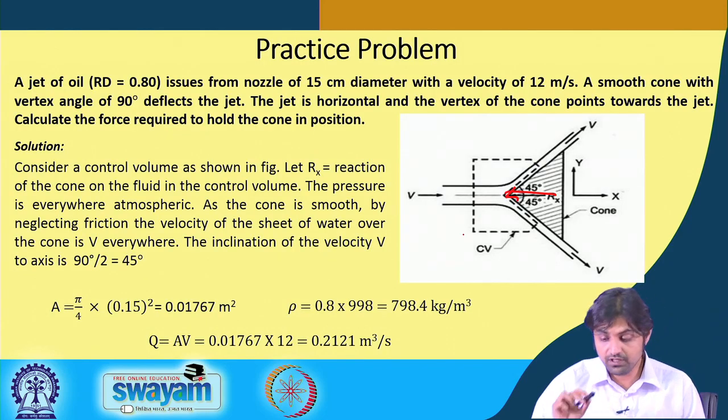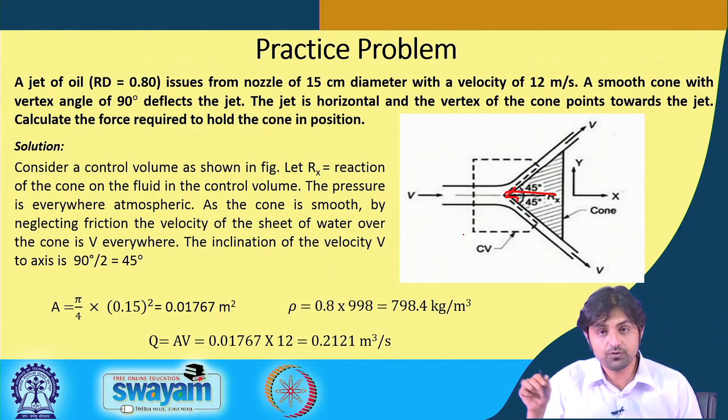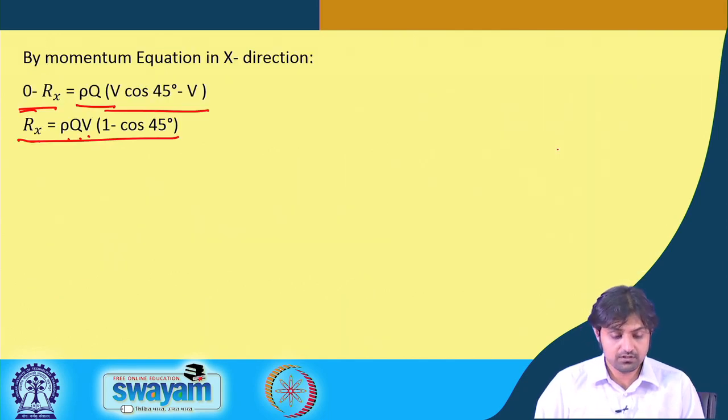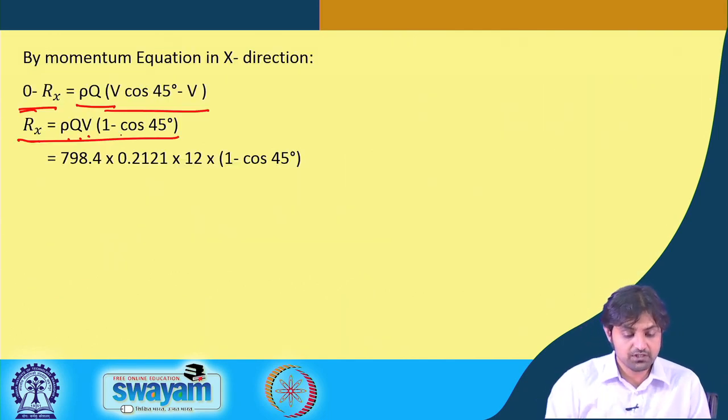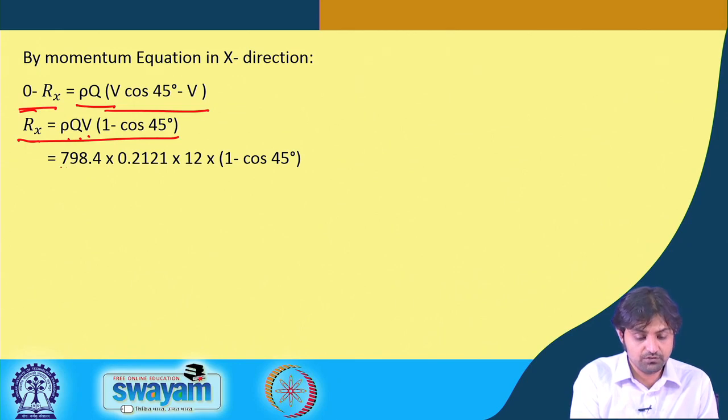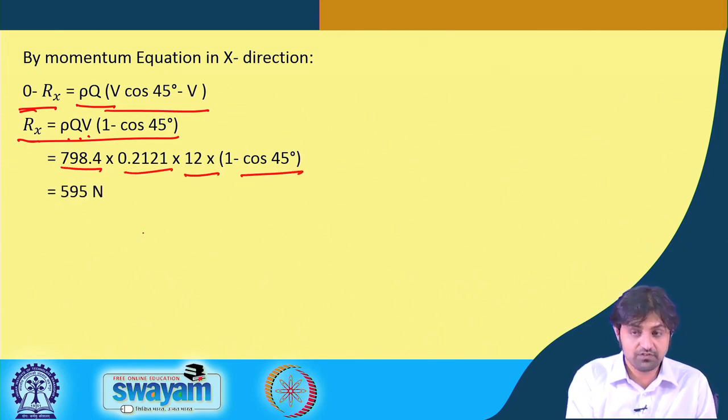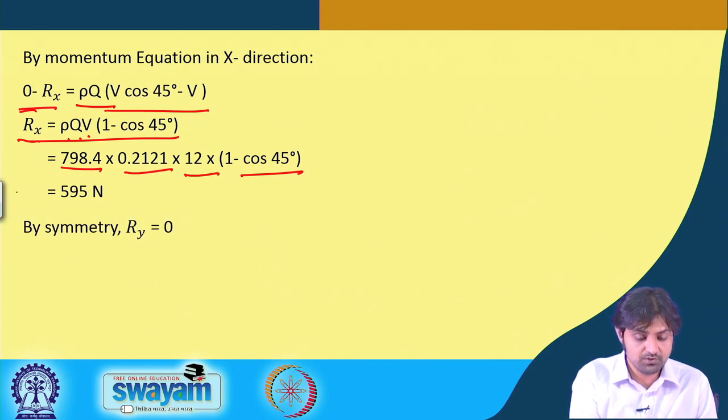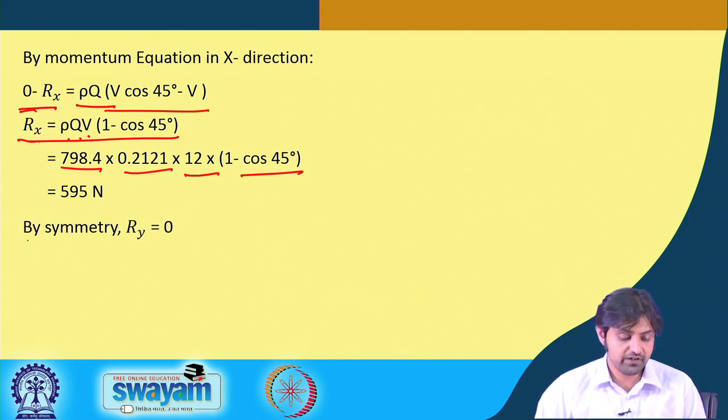You see here there is one force Rx that is going to act, and the rate of change of momentum is rho qv into 1 minus cos 45. You substitute the values, and Rx comes out to be 595 Newton.